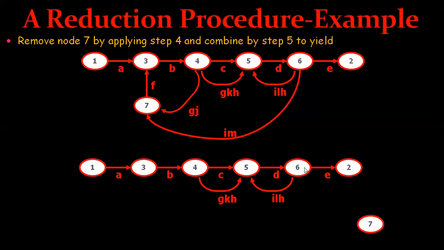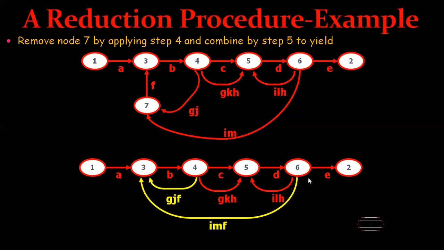So there will be a link from 6 to 3. And one more thing is from 4 I am going to 7, 7 to 3. So first GJF, it is GJF. The other link is from 6 to 3 by removing 7. So it is IMF.